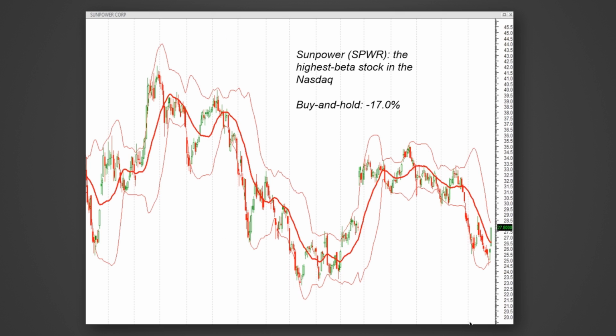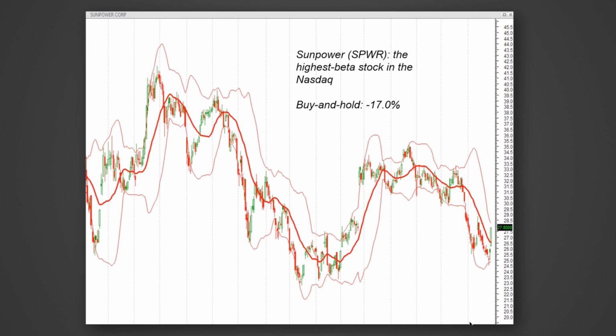Now here's right now the most volatile, the highest beta stock of any stock over $10 per share and over, I think it's 200,000 shares per day, maybe more than that. SunPower, solar company, right, just came out with earnings, hot stuff.